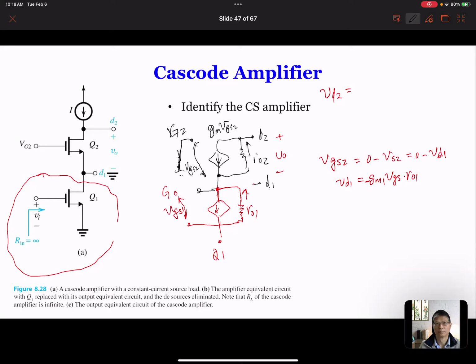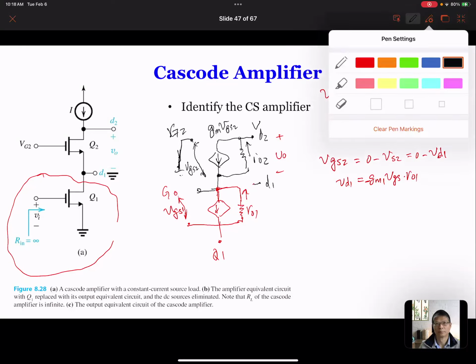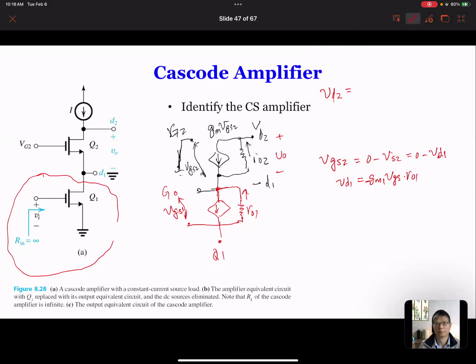So VD2 is defined over here. VD2 will be the voltage across ro2, plus the voltage at VD1.